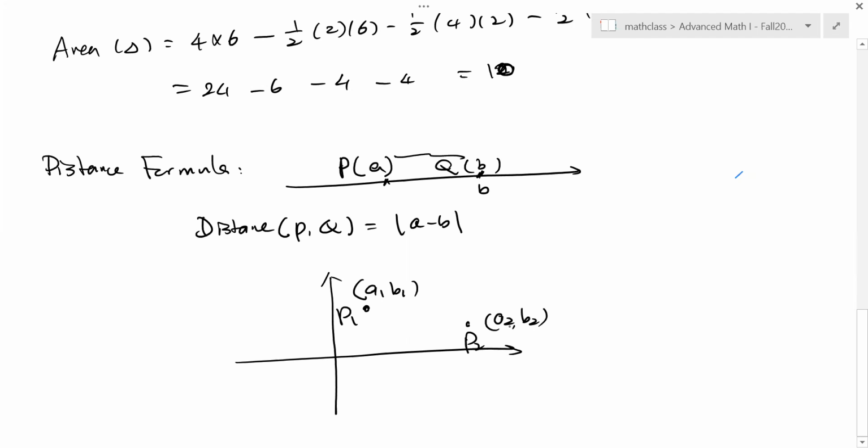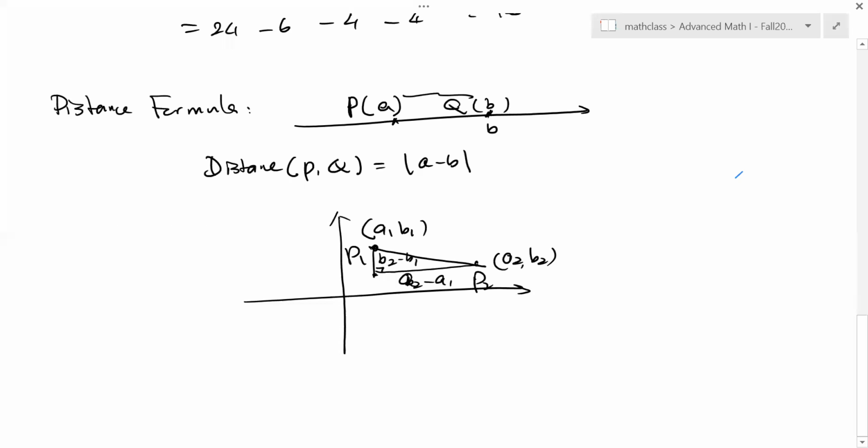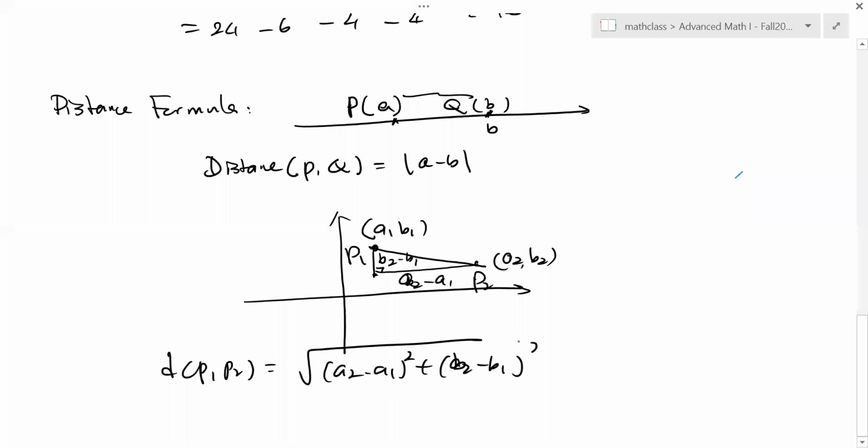In order to get the distance between P1 and P2, you have to draw the right triangle and then use the Pythagorean theorem. This side is A2 minus A1, this side is B2 minus B1. So by the Pythagorean theorem, the distance between P1 and P2 is the square root of the sum of the squares of each side: A2 minus A1 squared plus B2 minus B1 squared.